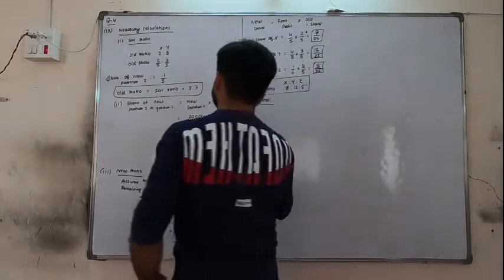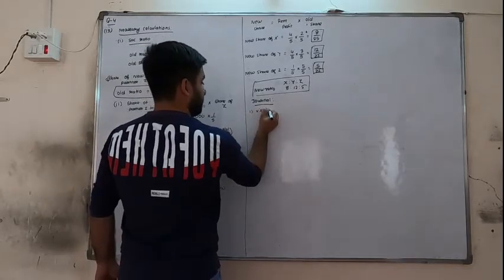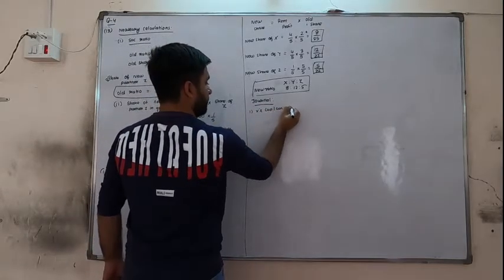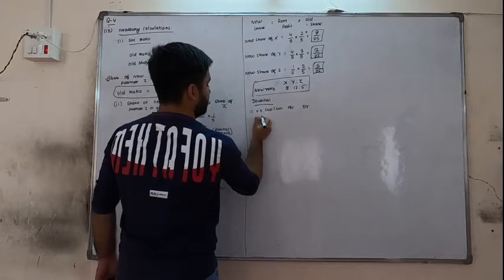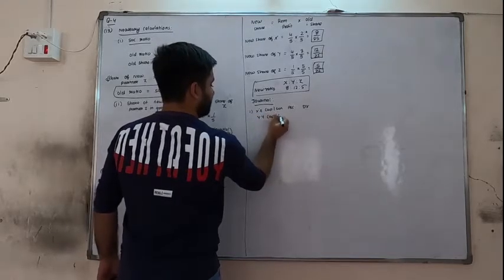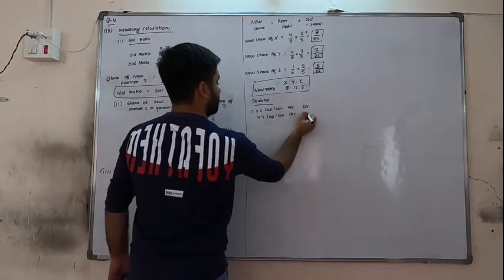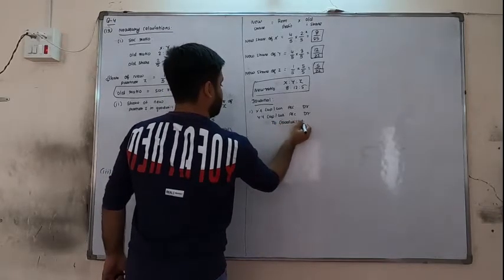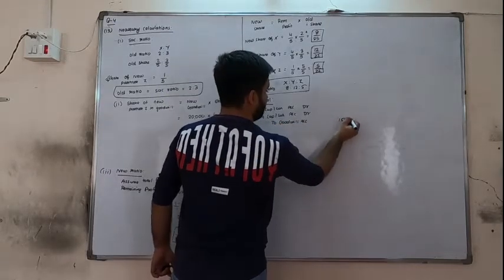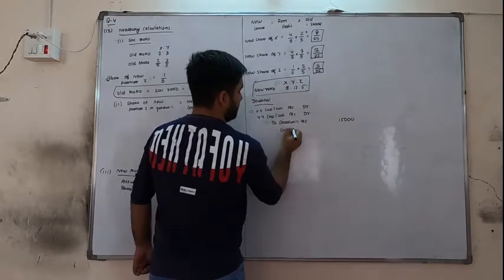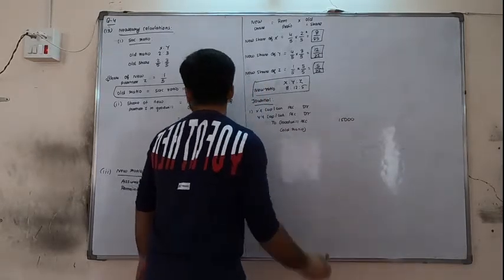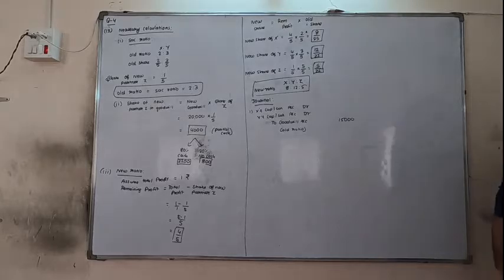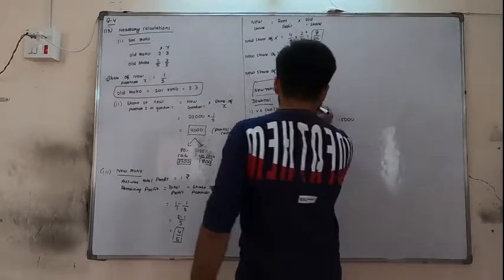So direct: X's capital or current account debit, Y's capital or current account debit to goodwill account. Now the old goodwill is rupees 15,000. It is to be distributed in old ratio, that is 2 is to 3. So 15,000 by 5 into 2 is 6,000 and 9,000.